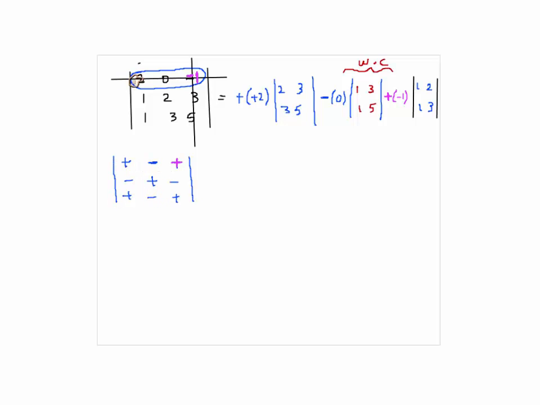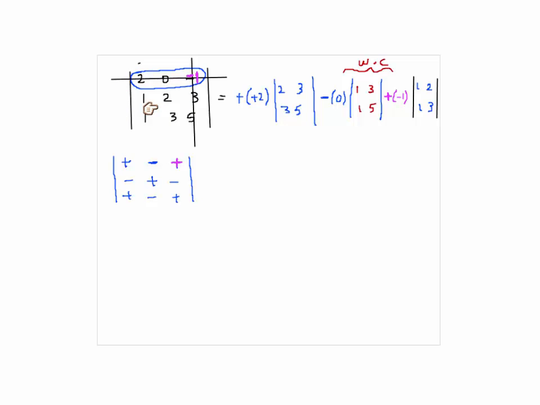So the sign for this element here is positive, the sign for the second element is minus, and the sign for the third element is plus. And the values of those are 2, 0, negative 1. And then we draw these vertical and horizontal lines through each element to find the minor matrix.